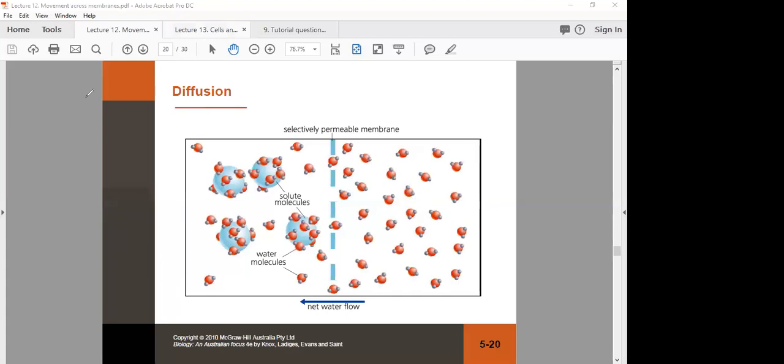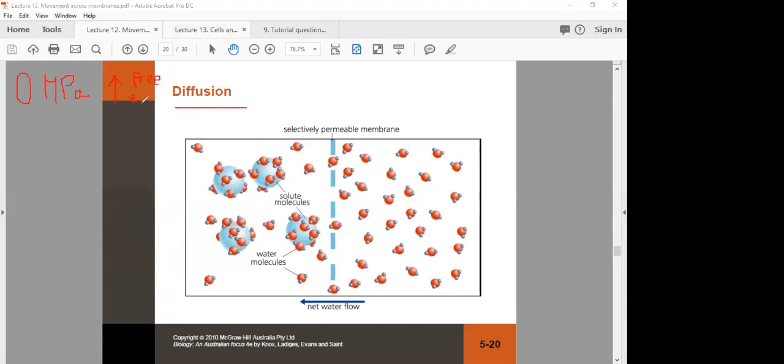What is that value? It's set at 0 megapascals. That is the highest free energy level of water.